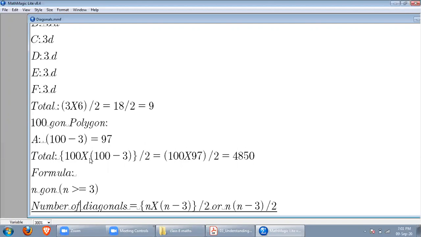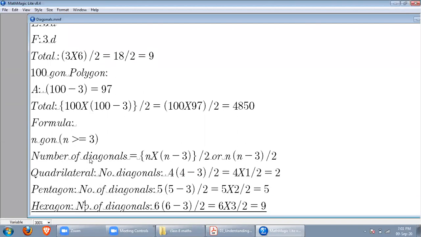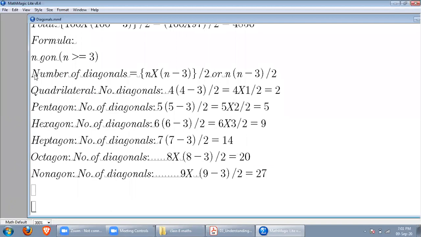So for an n-gon polygon, for any sided polygon, where n is greater than or equal to 3, because it starts from the triangle, because a polygon is to be a closed figure. So a two-sided polygon doesn't exist because it will not be closed. So for any vertex, we know that it will be n minus 3 diagonals.